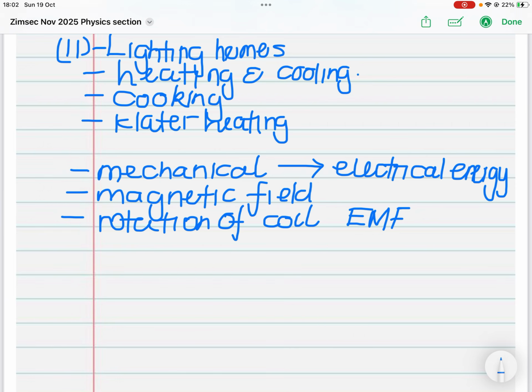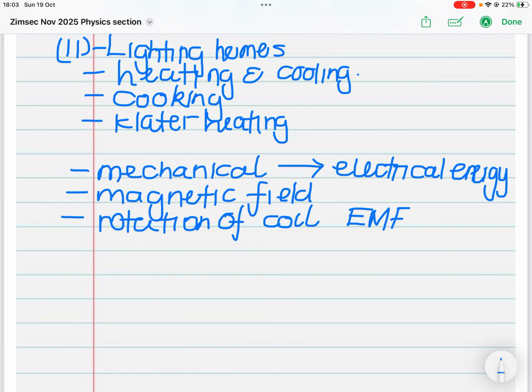So this is the principle of a generator. Let me summarize again. A generator is an electrical device that converts mechanical energy into electrical energy. The principle of a generator is based on electromagnetic induction. It has a magnetic field that is created by a permanent magnet.